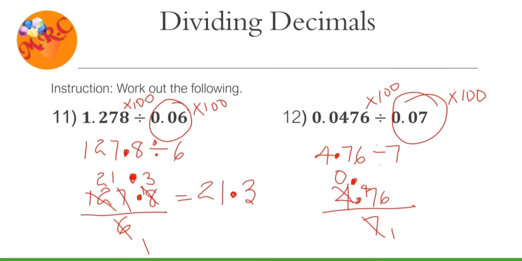So now we have 7 into 47, which is 6, remainder 5, and then we go with 7 into 56, which is 8. Good. So now our answer is 0.68.